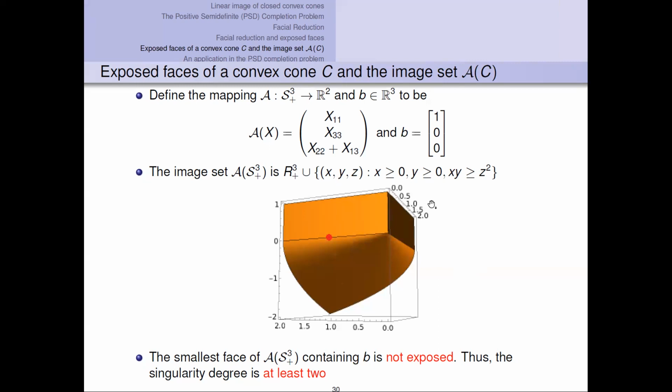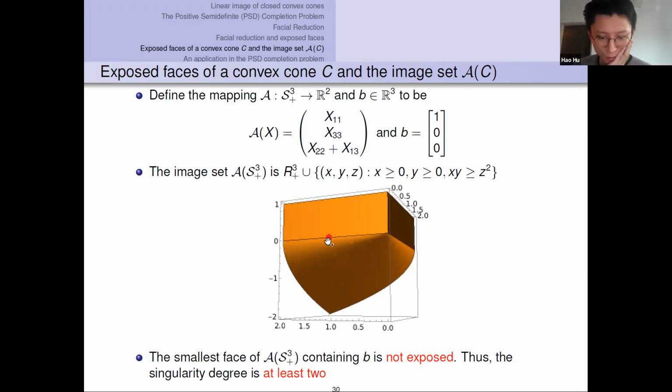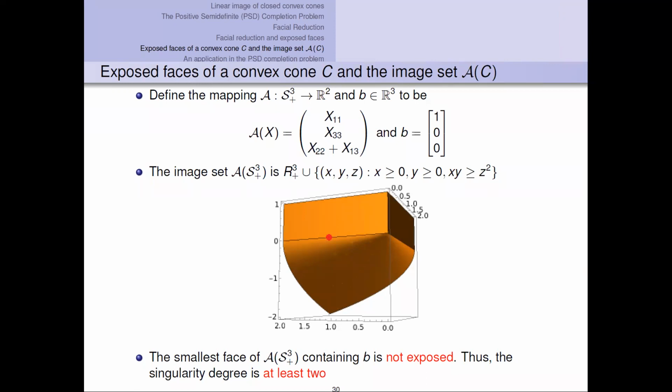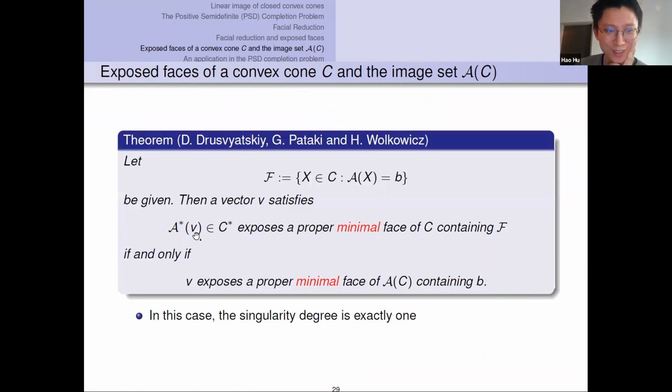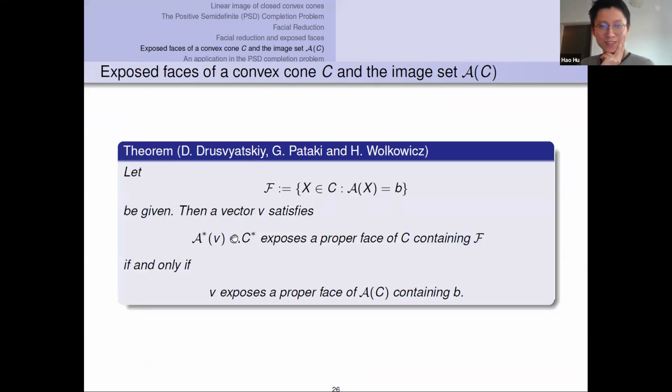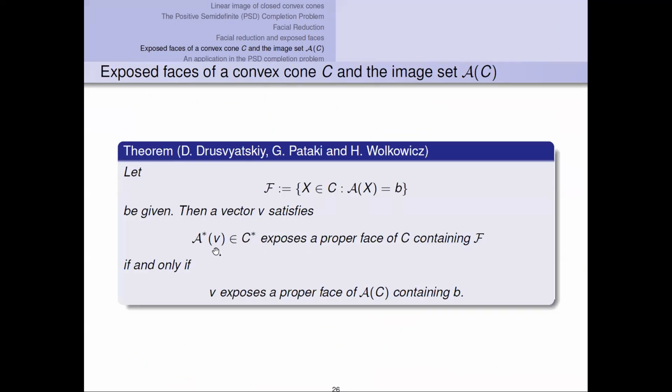The singularity degree of the linear image is exactly the singularity degree of the original problem, right? It's not just 2. Let me see. So the singularity degree of the image set is the same as the singularity degree of the original set. Yeah, I think you are right. If we look at this theorem, because the linear image may not be exposed, the definition of this singularity degree should be a little bit different.